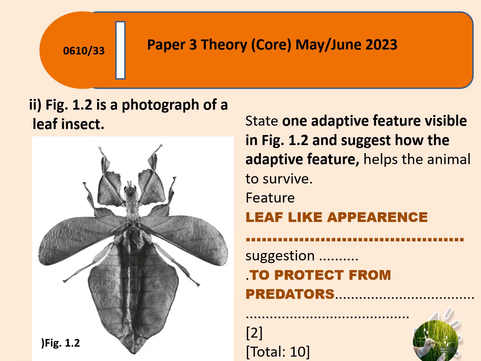Of the same question, figure 1.2 is a photograph of a leaf insect. State one adaptive feature visible in figure 1.2 and suggest how the adaptive feature helps the animal to survive. So the feature is actually it appears as a leaf.